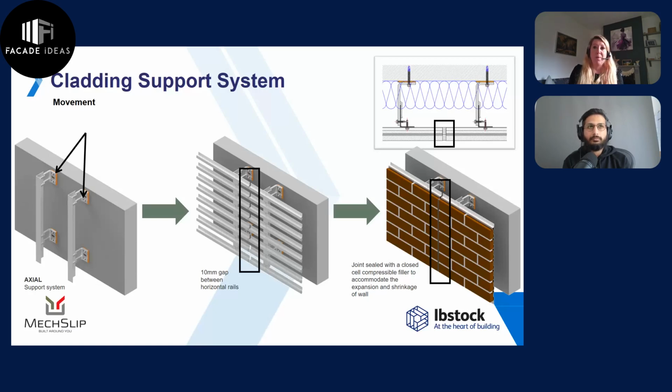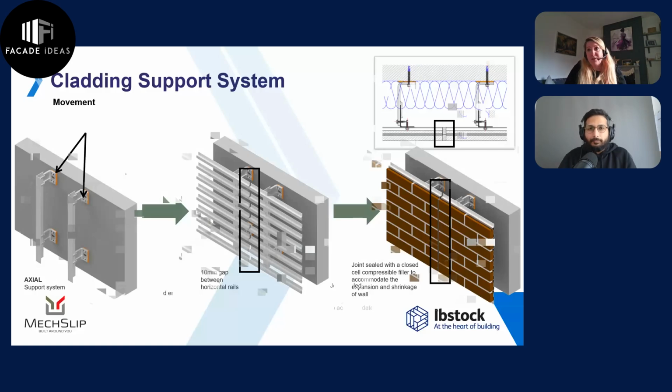Typically, we would look at around about 6-meter centres with cladding movement joints on a brick-faced cladding system. However, it does very much depend on what the primary structure is. The movement of the primary structure will take precedent over the clay masonry if that requires more movement joints than the 6-meter centres.